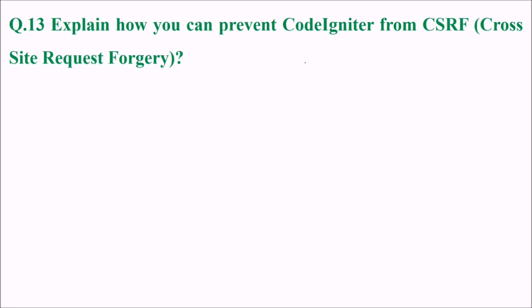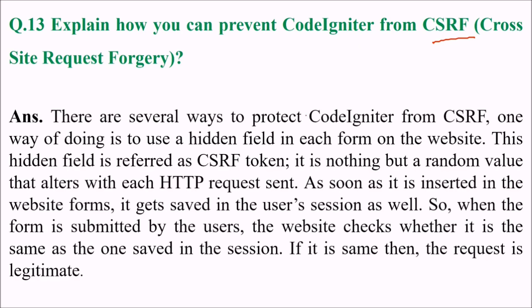Explain how you can prevent CodeIgniter from CSRF. CSRF is cross-site request forgery. There are various ways to protect CodeIgniter from CSRF. One is to use a hidden field in each form on the website. This hidden field is referred to as the CSRF token.